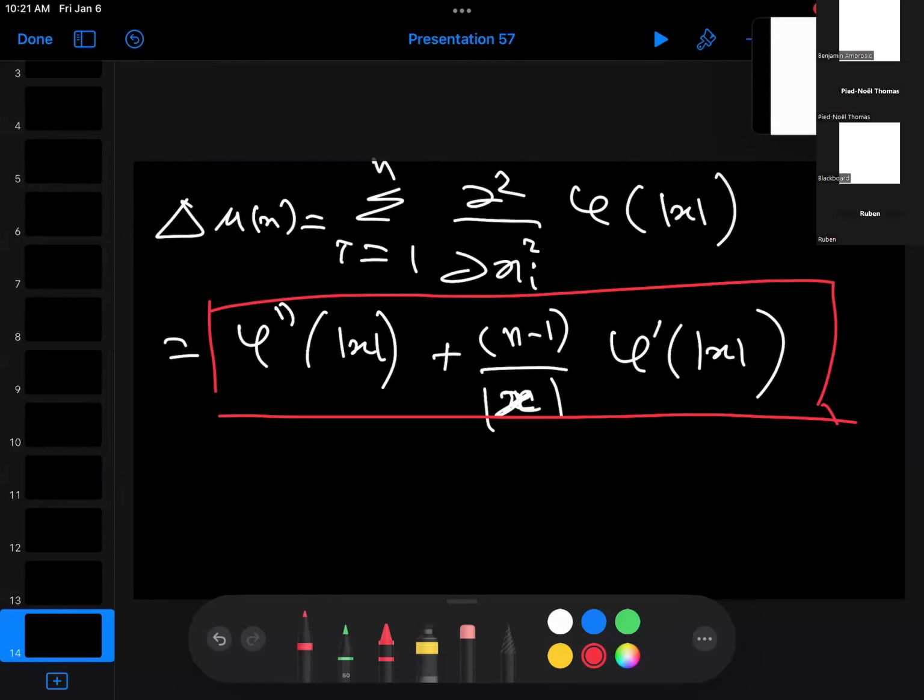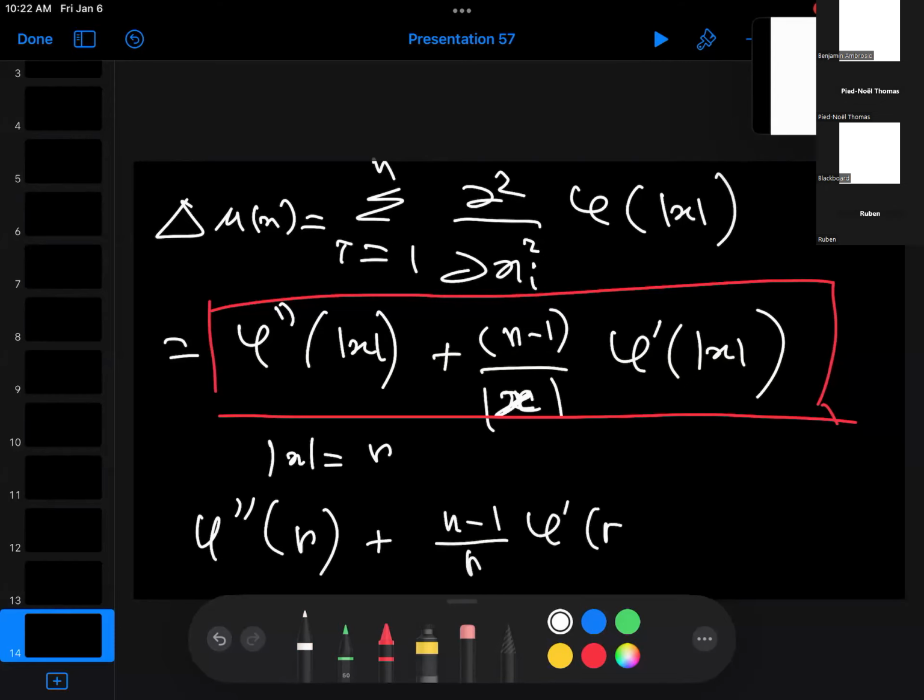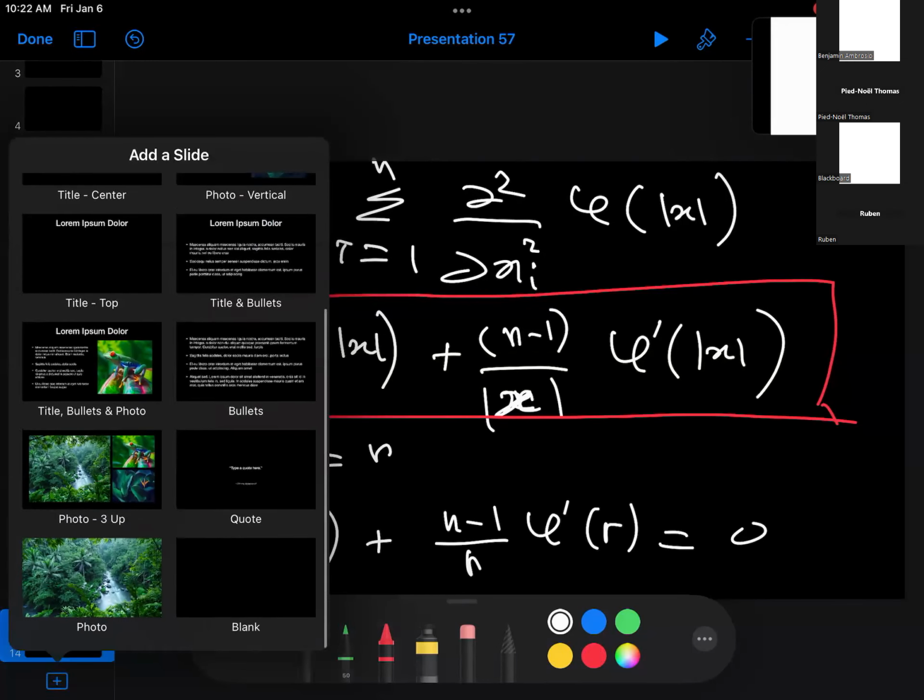So next, we look for a function phi which satisfies phi second of r plus n minus 1 divided by r phi prime of r equals 0.